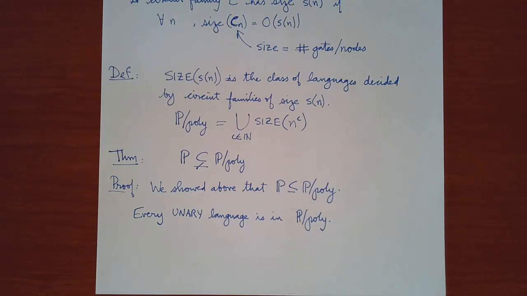Good. But if it's unary, there could be some strings of length n that are not in the language and some that are. Unary doesn't mean that every string with all ones is in the language. Some of them are and some are not.